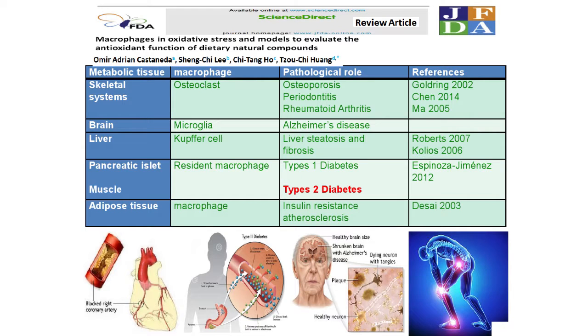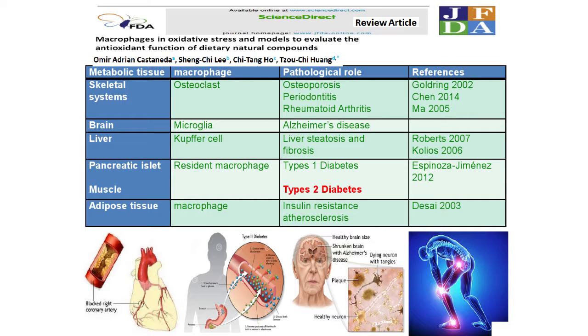Last year, I organized a review paper. We talk about the oxidative stress from macrophage. So we suggest the macrophage cell model is closer to the physiological condition as compared with in vitro tests, the DPPH or ABTS test.